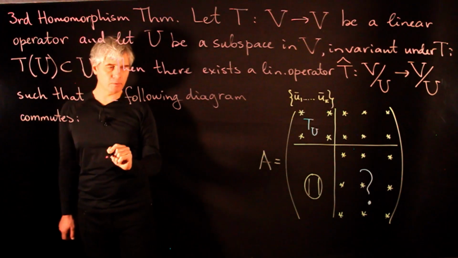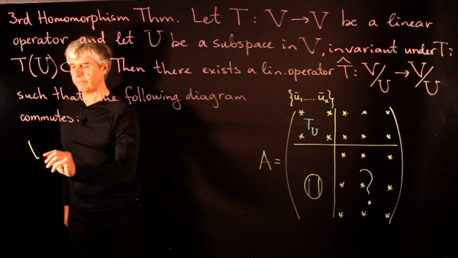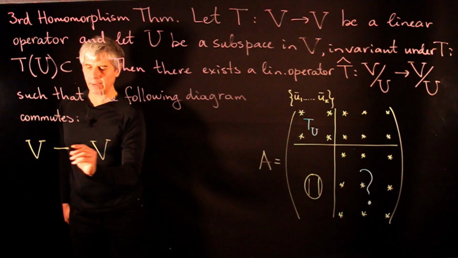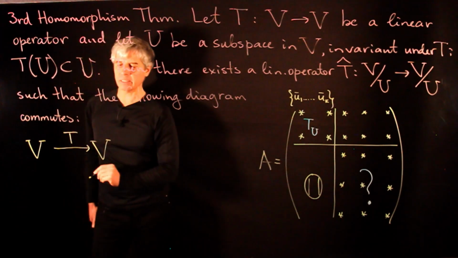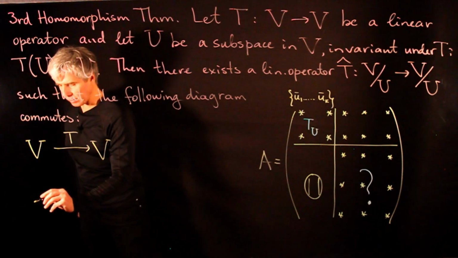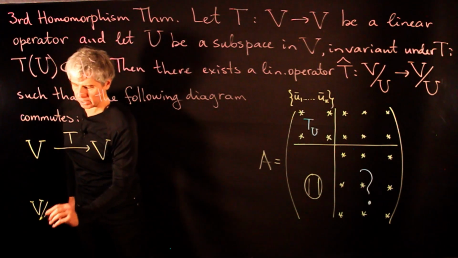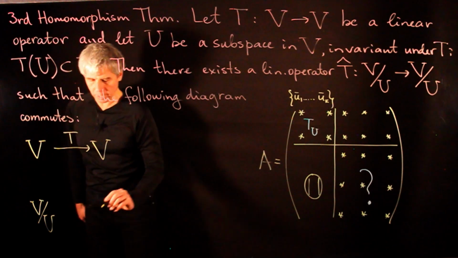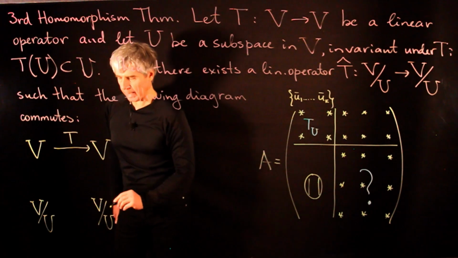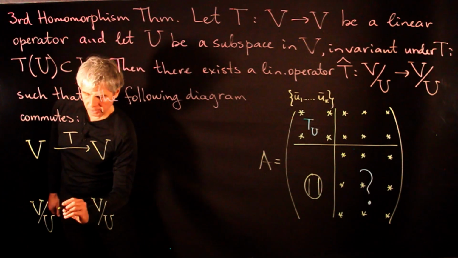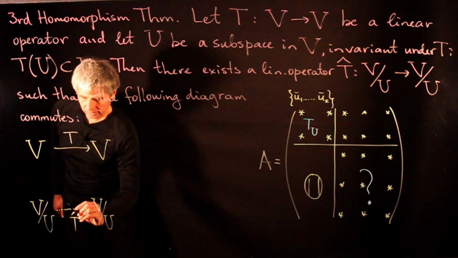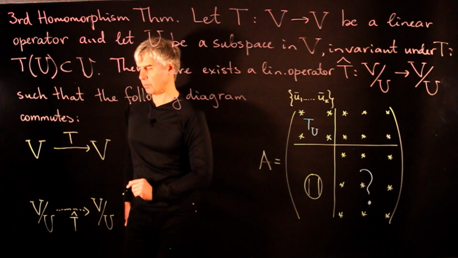So here we have the following diagram. We have vector space V, another copy of vector space V, and the operator T acting between these two vector spaces. Then downstairs we have the quotient vector spaces V quotient by U and V quotient by U. And we claim that there exists a linear operator T hat that acts between these two vector spaces.